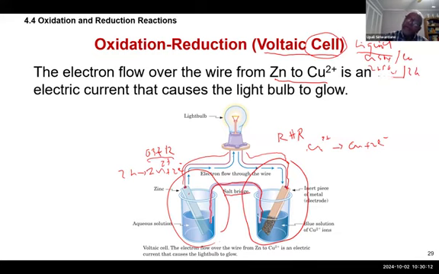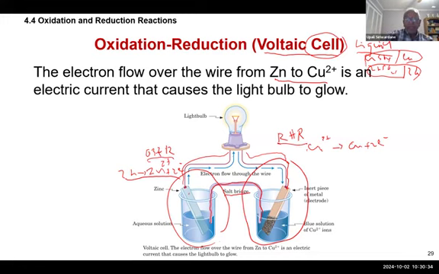These are the combination of metal and the solution. So when you combine these two, oxidation takes place in one electrode. Reduction takes place in the other electrode.